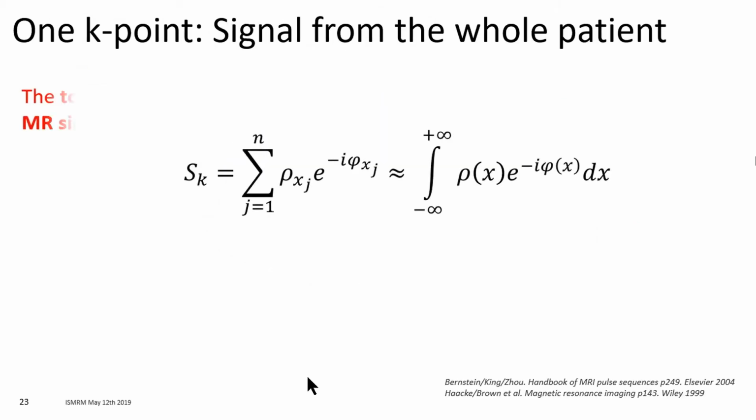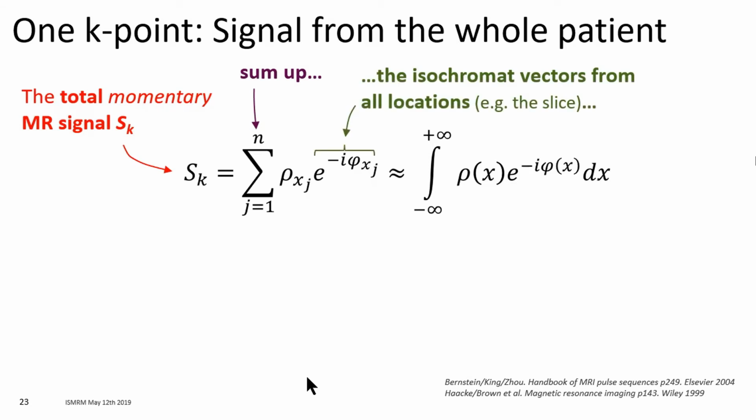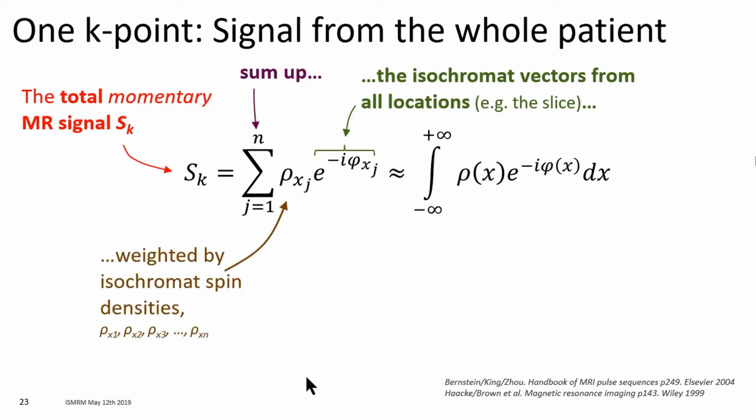So we've seen what's happening across the patient for the application of a gradient. So when we measure this instantaneous value, this single k-space point, what are we getting? We said before, it's all these signals mixed together. Well, the total momentary signal that we're measuring is where we're summing up all the isochromat vectors, the net magnetization vectors, from all locations in a slice, weighted by their spin densities, which is something we really want to know.